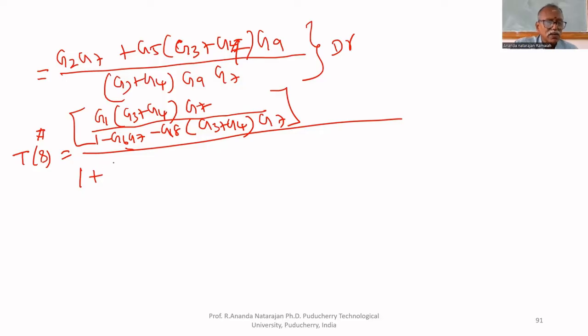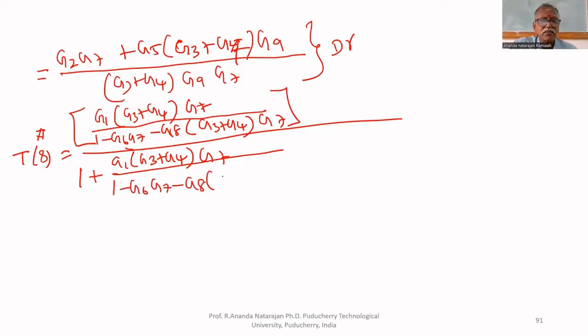The same numerator we have to write, that is G1, G3 plus G4, G7 whole divided by 1 minus G6, G7 minus G8 multiplied by G3 plus G4 multiplied by G7. This is for numerator.